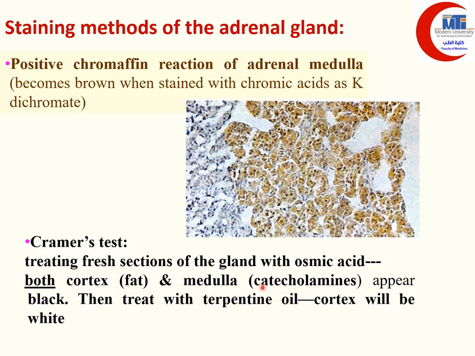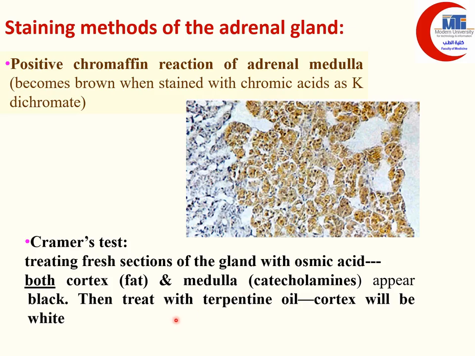The two parts take the osmic acid and give black color, so all the gland, cortex and medulla, is stained black by osmic acid. How can we differentiate between cortex and medulla? By treating the gland after osmic acid with turpentine oil. Turpentine oil dissolves the fat in the cortex, so the cortex will be white and the medulla is still black.